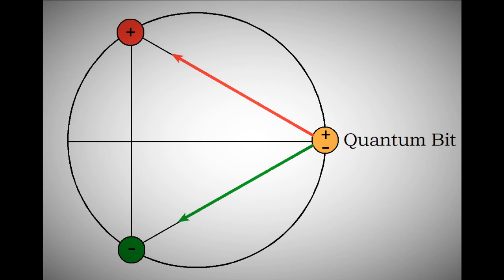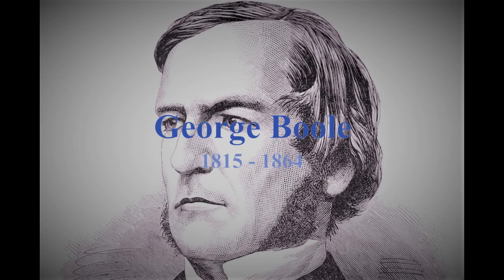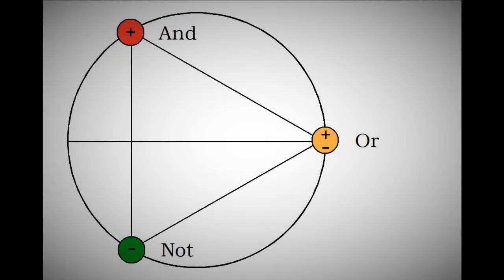According to Wikipedia, George Boole published a paper in 1847 called The Mathematical Analysis of Logic that describes an algebraic system of logic now known as Boolean algebra. Boole's system was based on a binary, a yes-no, on-off approach that consisted of the 3 basic operations and, or, and not.